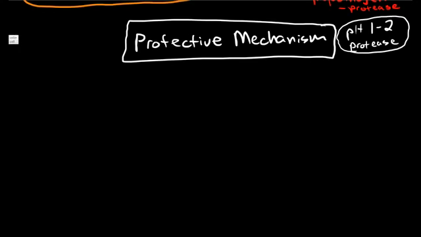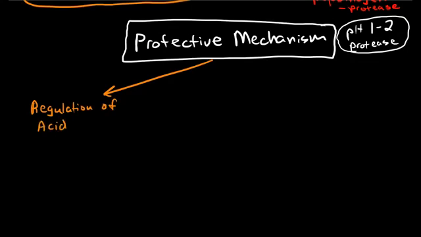So the first protective mechanism that we have is regulation of acid production. And this is very important because if we don't have a pH of 1 to 2 all the time, it only gets very low at times when there is food in the stomach, in particular amino acids.